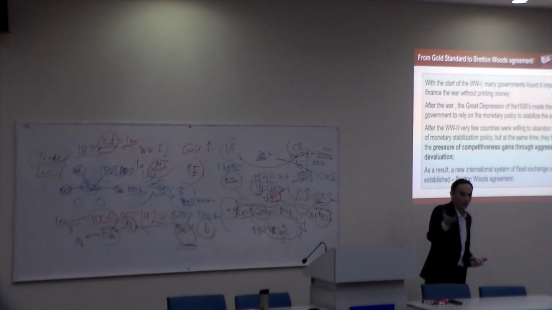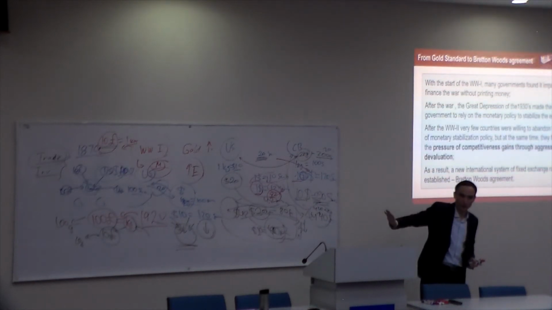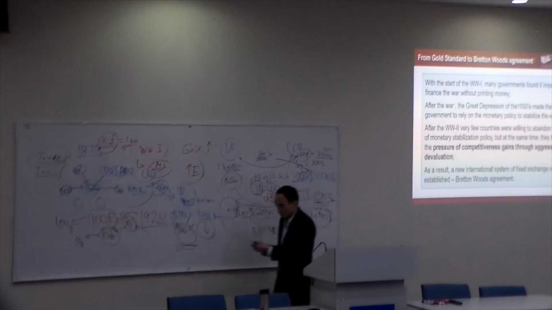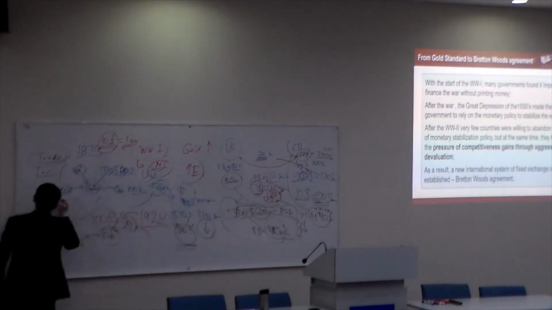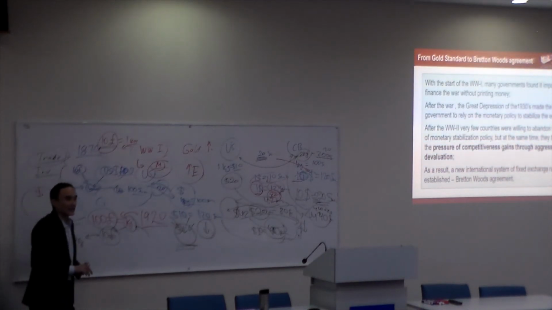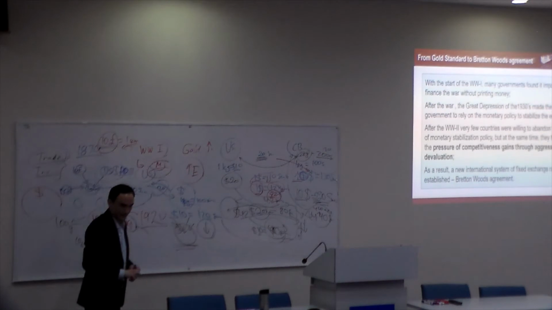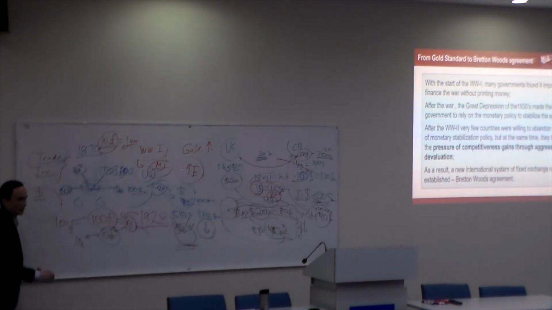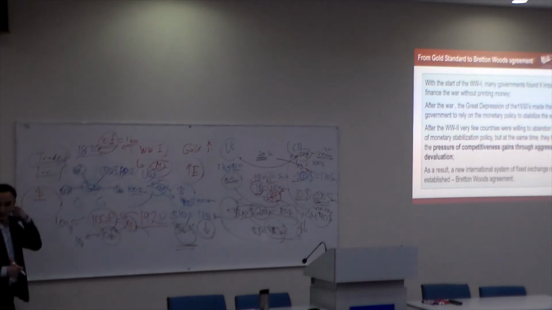New. The gold standard, they were not willing to do it now. But in that Bretton Woods meeting, they agreed to make the US dollar the international currency. Why did they specifically choose the US dollar? Because the US has the most gold, right?